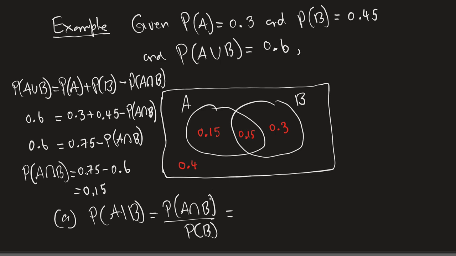So the probability of the intersection is 0.15. The probability of B is 0.45, and then you could simplify. It looks like that comes out to be 1/3, right? Yeah, in fact, I'll write it down. Looks like 1/3, right? And so if you compare this posterior probability with the prior probability of 0.3, you can see that this is just slightly bigger.